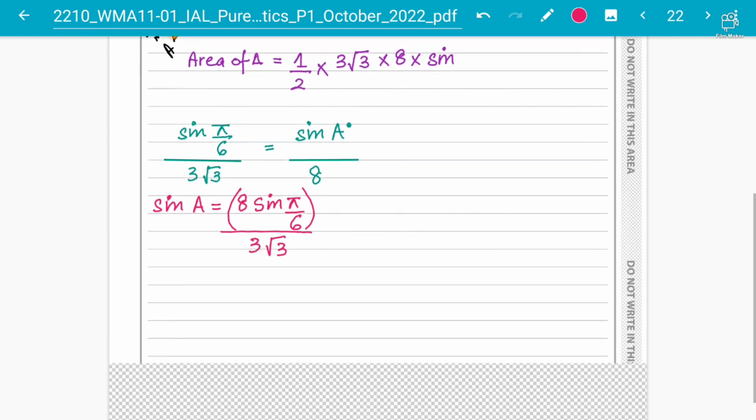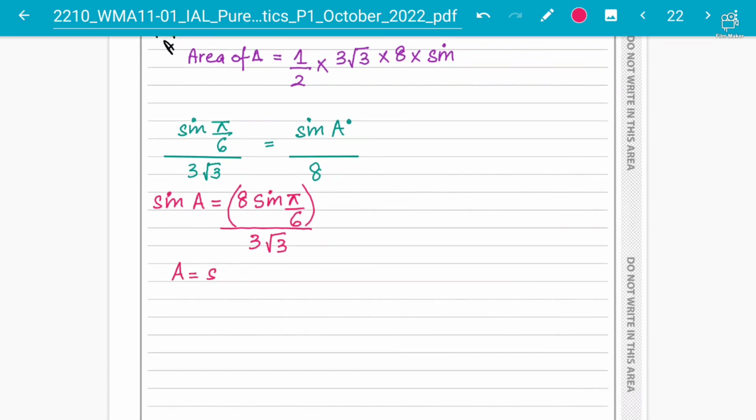So A is equal to sine inverse of whatever answer I got for this, students. So just use the calculator one time only. It's going to be sine inverse of 8 sine pi over 6 divided by 3 square root 3. I am getting basically 0.87 radians, okay?